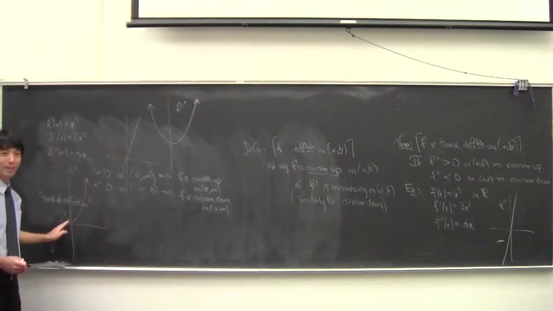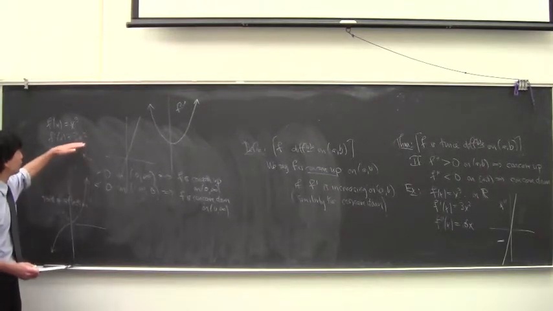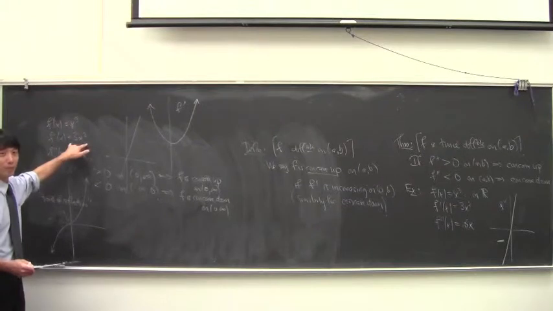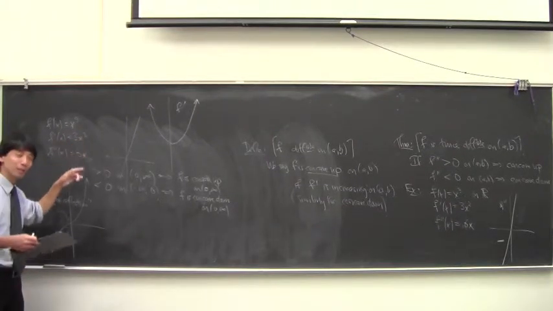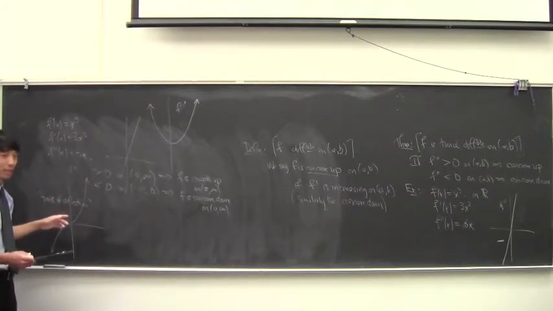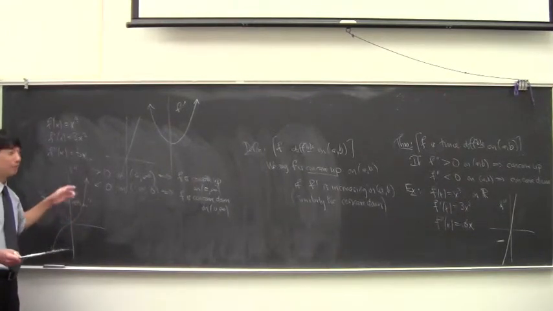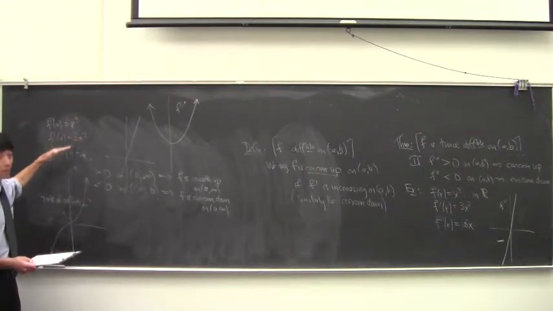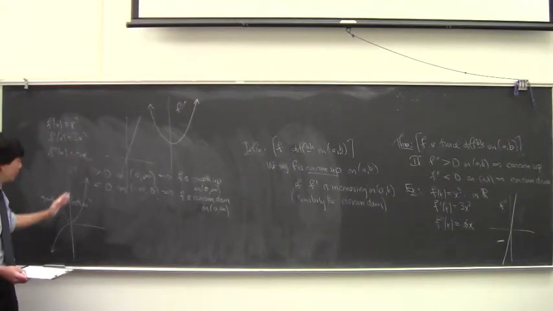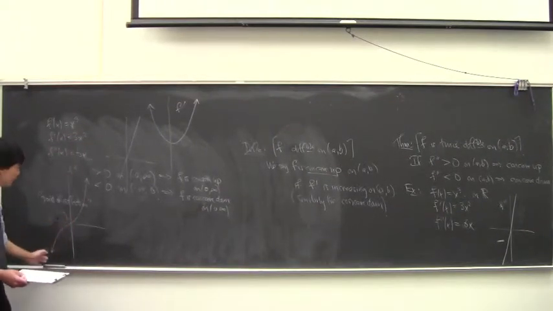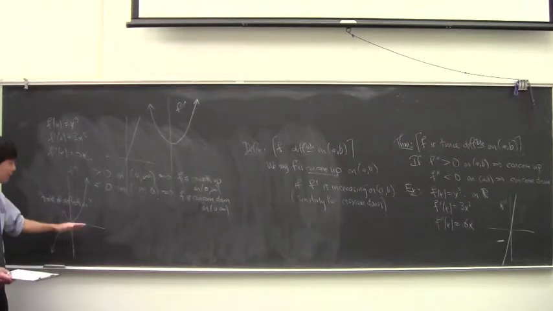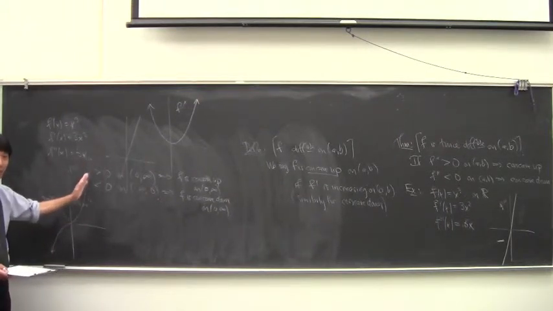But the whole function is always increasing because the derivative is positive. You have to keep these ideas separate: increasing and concave are not the same thing. Here it's increasing and concave down; here it's increasing and concave up.